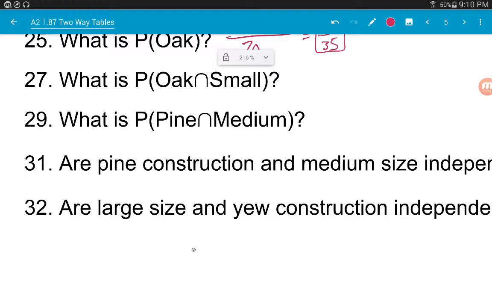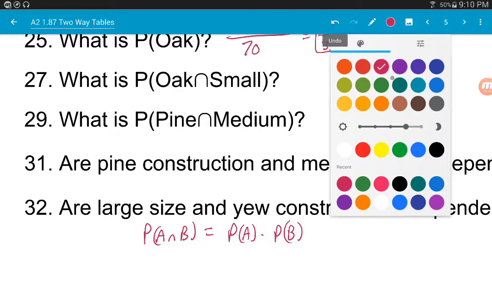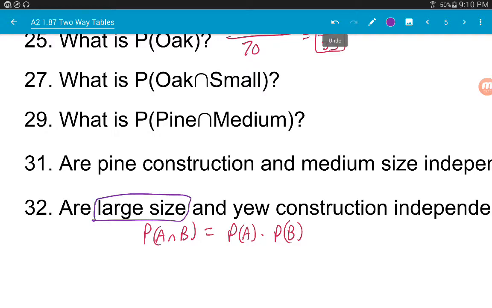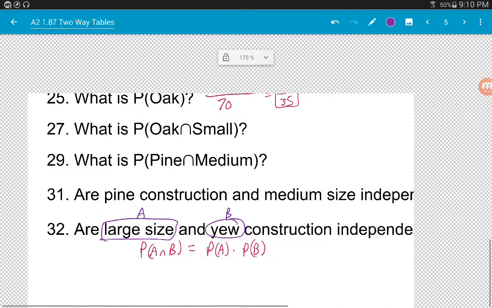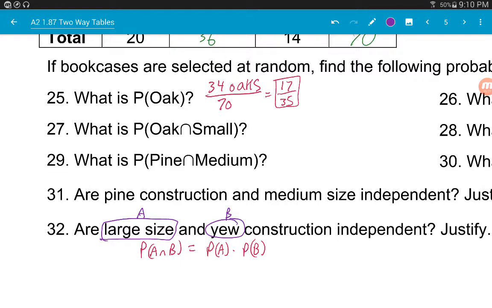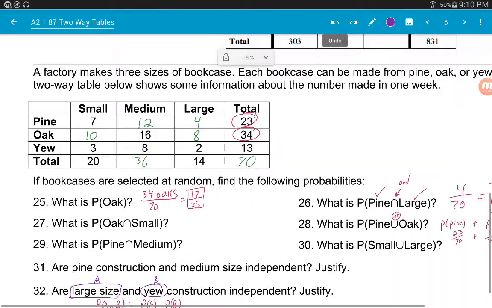The test for independence says this: the probability of A and B must be equal to the probability of A times the probability of B. Well, we're talking about two conditions, A and B, so I'll take large size and I'll make that A, and U construction will be B. So the probability of A, that's the probability of getting a large size bookcase. How many large size bookcases are there? There are 14 large out of 70 total.